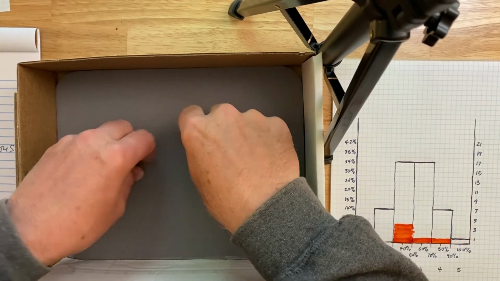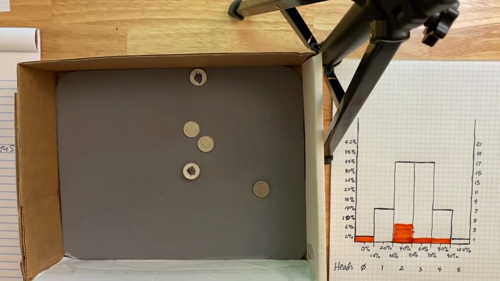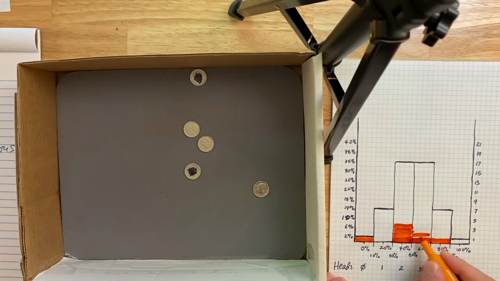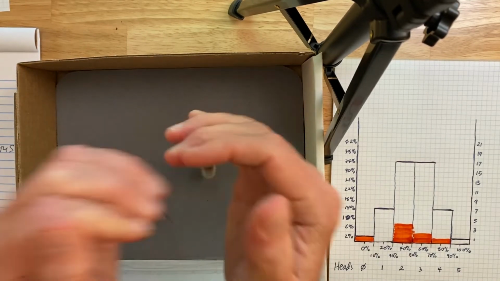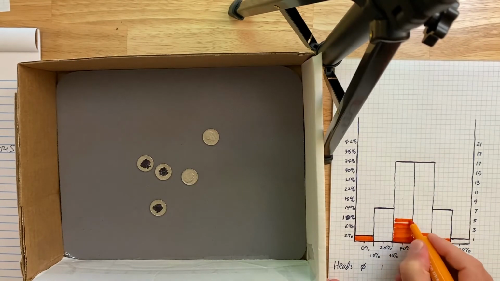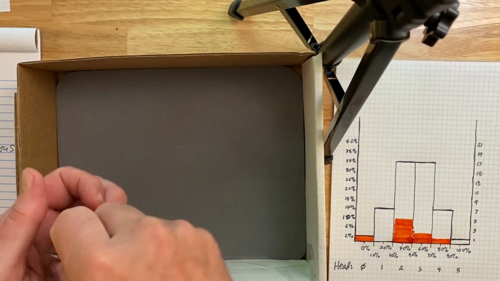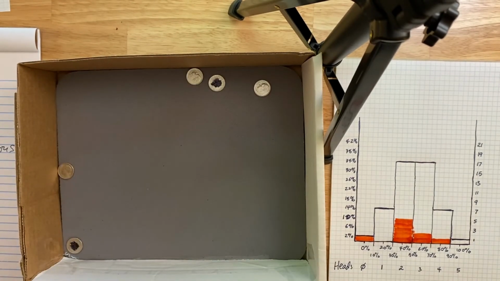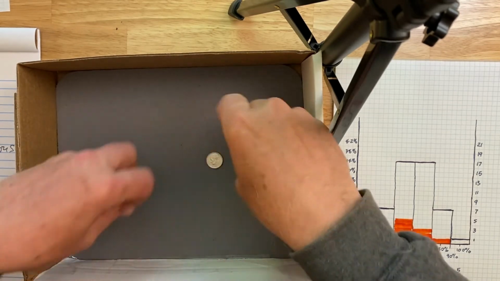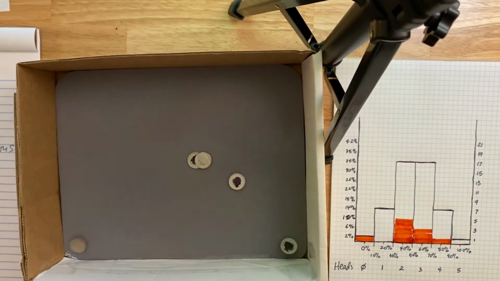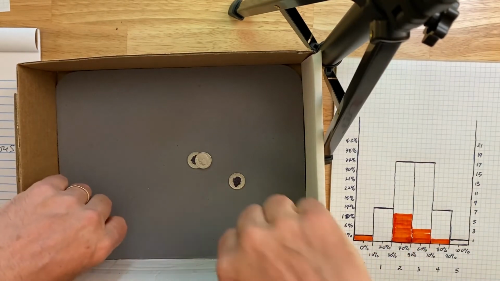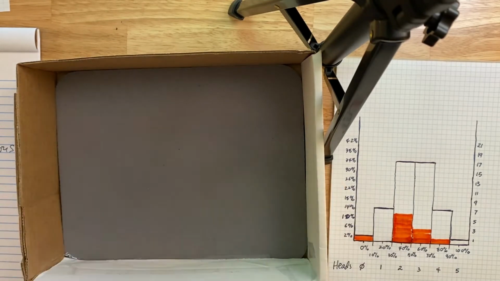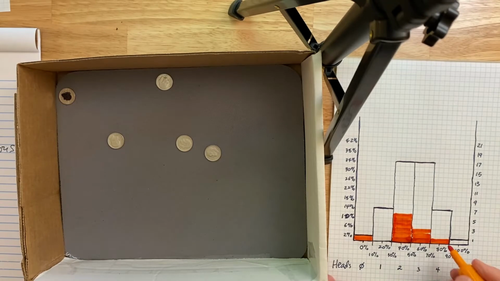Each mark is 1 set of 5 coins. 3 is 60% heads. 2 is 40% heads. 3 is 60% heads. 2 is 40% heads. 4 is 80% heads.